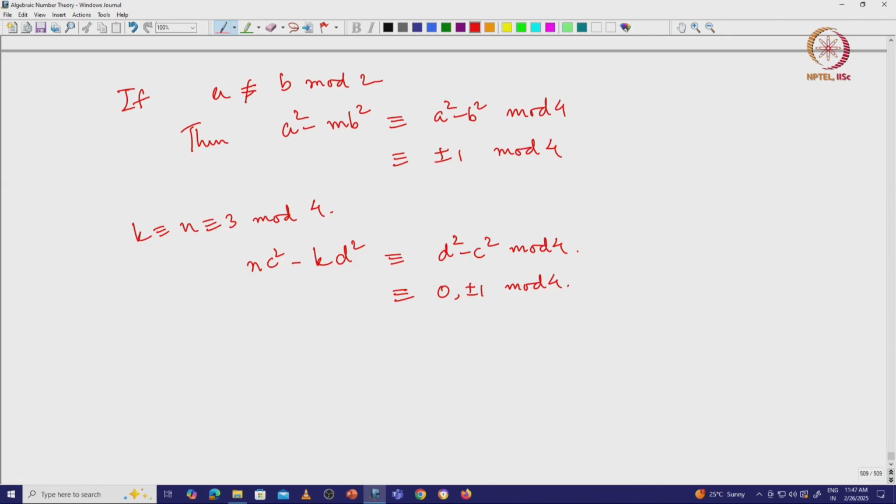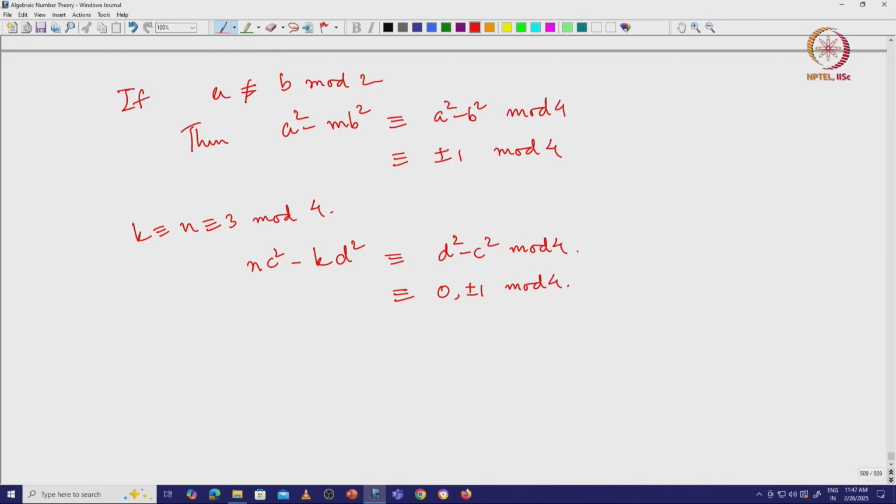So a is even, b is odd, and d is even, c is odd. So those kind of things can happen, which will give me 0 mod 4. So I want to rule that thing out.